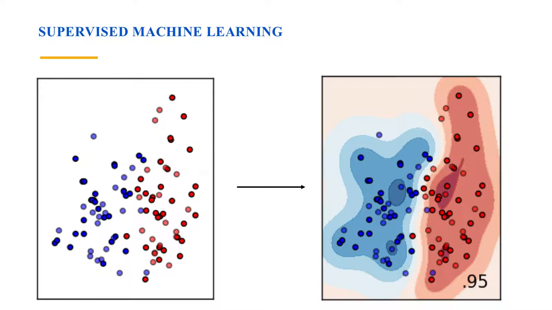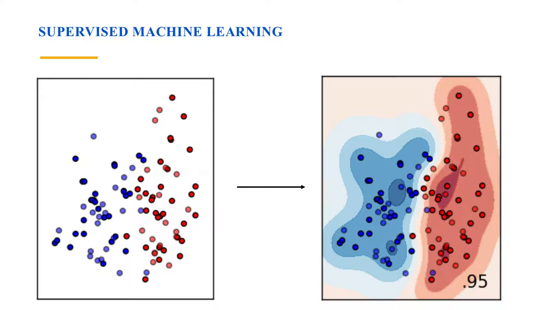Well, there is, and it's called supervised machine learning. Machine learning is where you give the computer some data and then you get the computer to generate some rules as to how to reproduce that same information.